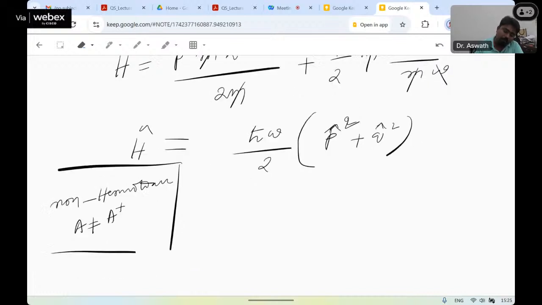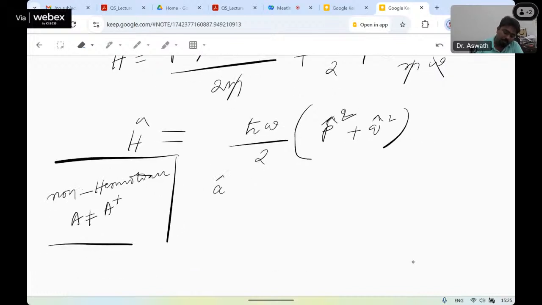If I introduce non-Hermitian operators, let me introduce a is equal to q plus i p, or q minus i p, and a dagger is q plus i p. Okay, so these are definitely non-Hermitian.